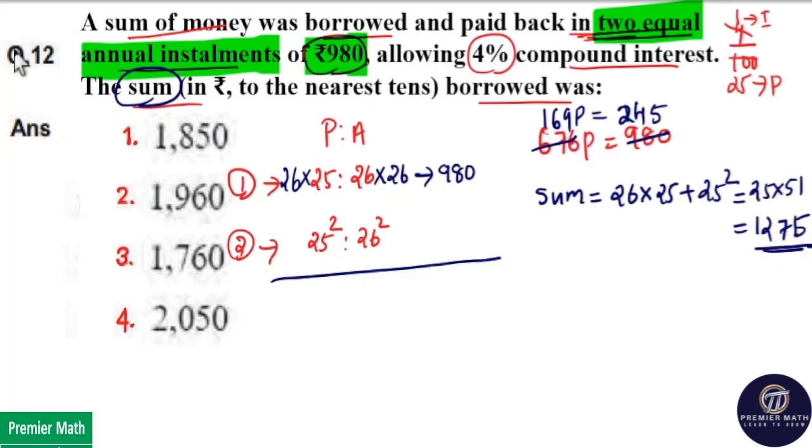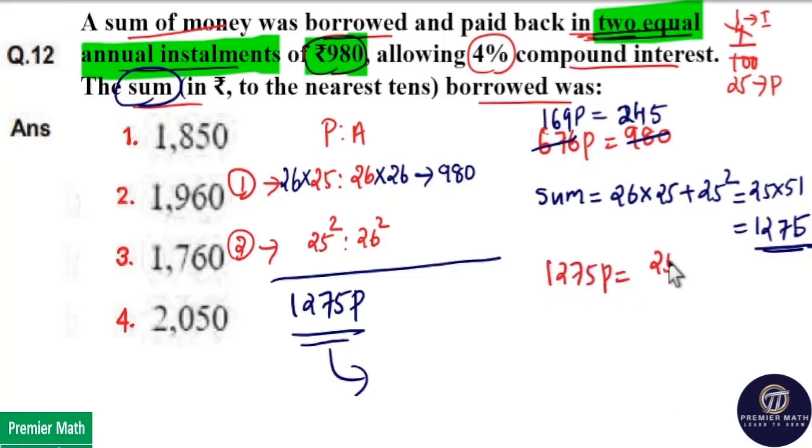So 1275 is the sum. 1275 parts is the sum. So we need to find out what 1275 parts is. Here 169 parts is equal to 245. Then 1275 parts is equal to 245 divided by 169 into 1275.